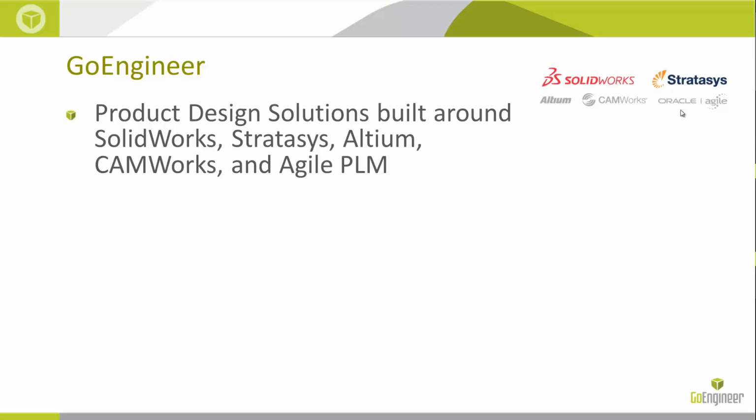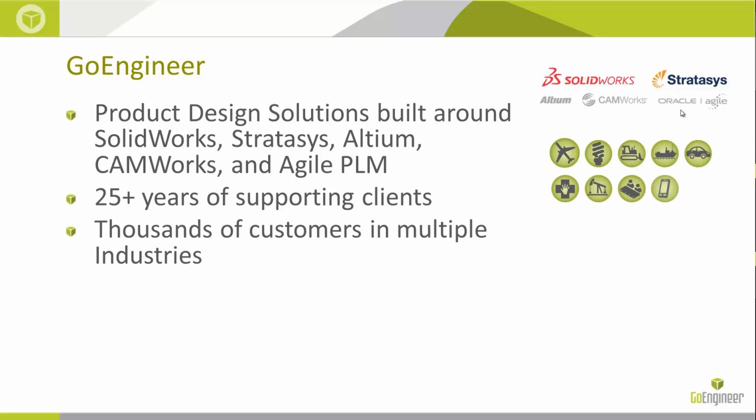So who's GoEngineer? You might have somewhat of an idea who we are. We are a company that specializes in manufacturing tools, namely SolidWorks, Stratasys 3D printers, Altium, Electrical Designer, CAMWorks, and Agile PLM. We have over 25 years of experience doing this, and we have customers in hundreds of industries.